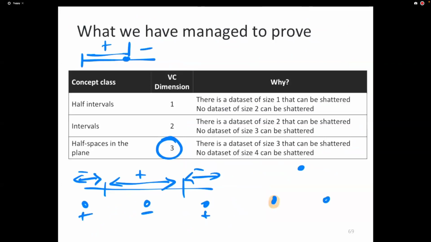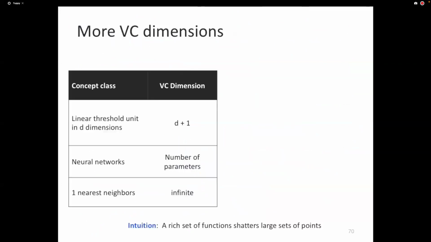Okay, so we talked about linear classifiers in 2 dimensions, but linear classifiers can exist in any dimensions. In D dimensions, in general, the VC dimension of a D-dimensional linear classifier is D plus 1. We saw that for 2 dimensions, the VC dimension was 3. Neural networks are interesting. We've not covered neural networks, so we won't go into the details. But this is a loose statement, because there are many other things that come into play, but VC dimension tends to behave like the number of parameters in the model.